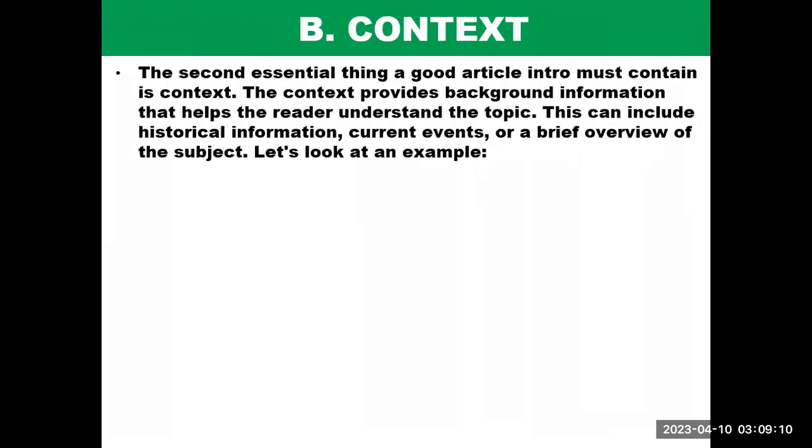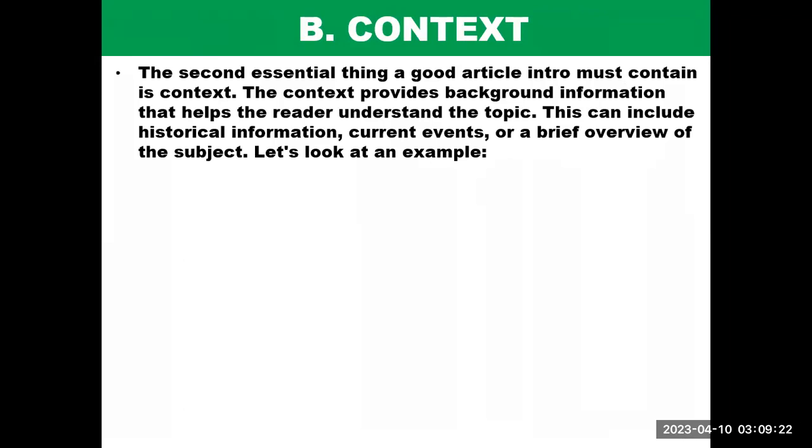Now, this brings us to the second essential thing that an article intro must contain, and that is context. All right? Now, the context provides background information that helps the reader understand the topic. Now, we can call the context background information.